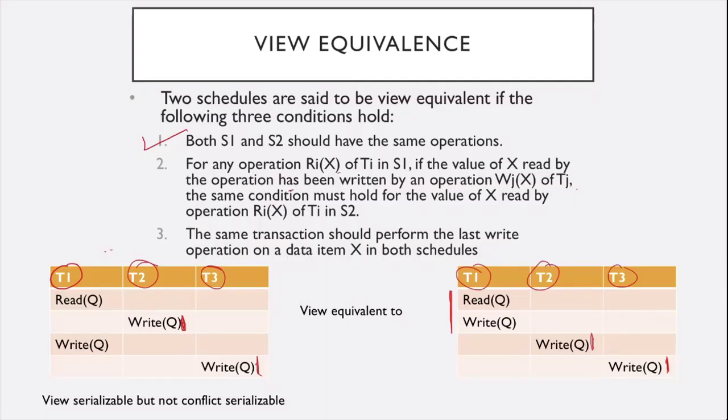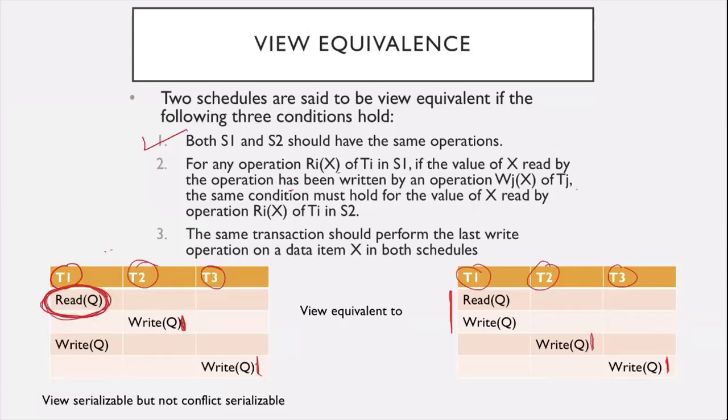Let me explain this in this way. We are going to look at the read operations. We will see which other transaction has written the value of Q read by T1. Now in this example, it is not there. Nobody has written. It is reading it directly from the database.